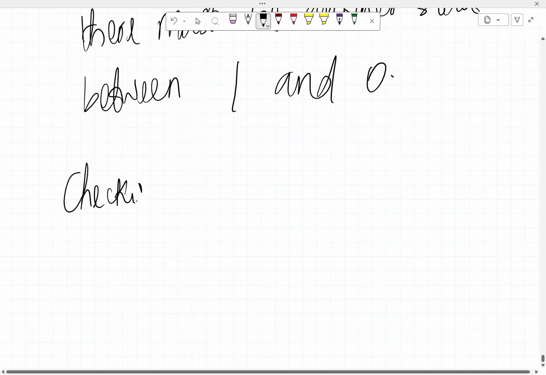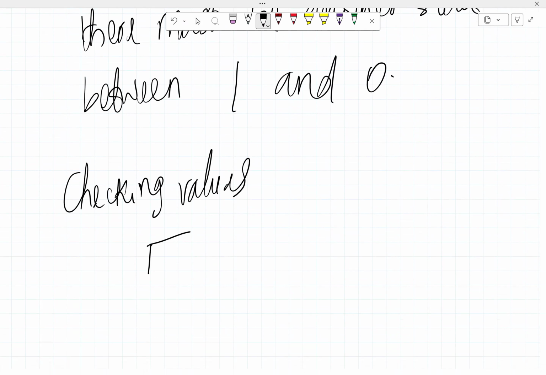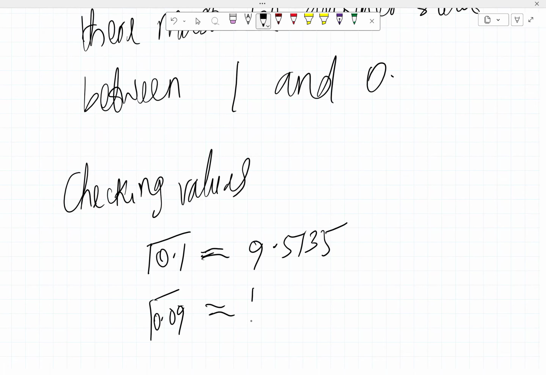Checking values, gamma 0.1 is approximately 9.5135. Then gamma 0.09 is approximately 10.57.